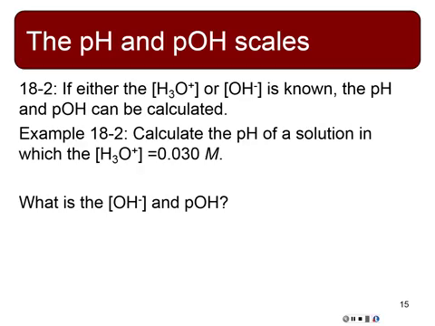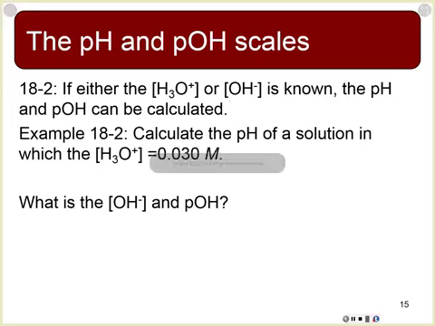So I meant to pull this up earlier. We found the pH is equal to 1.52. How could we find the hydroxide concentration? If we know one, we can always find the other, right? So how could we do this? Yeah, exactly.